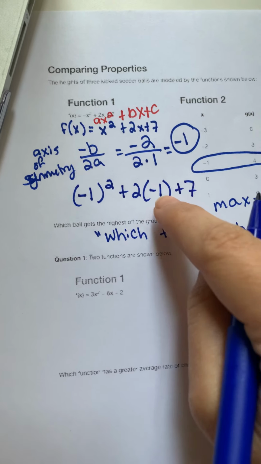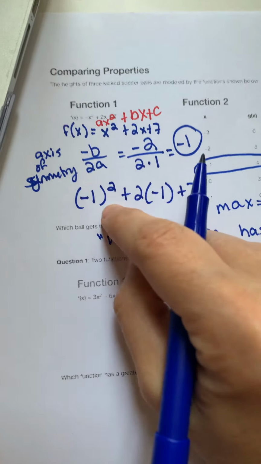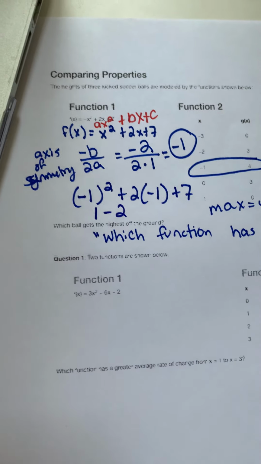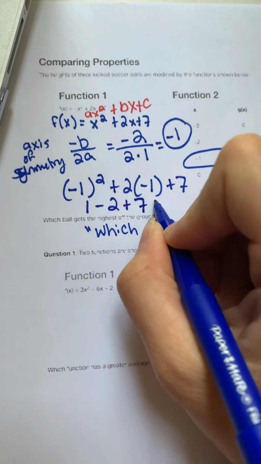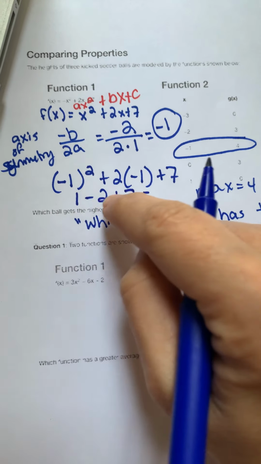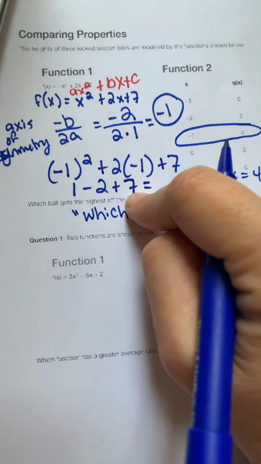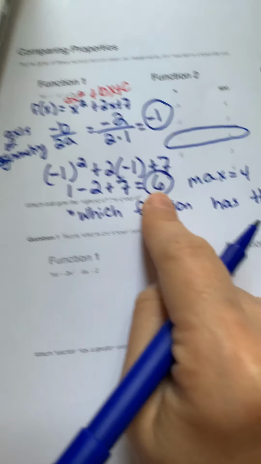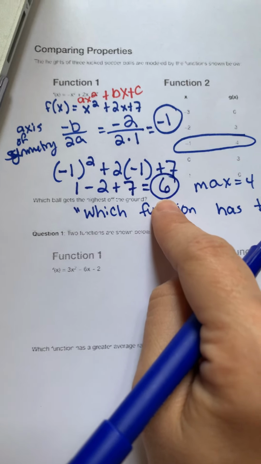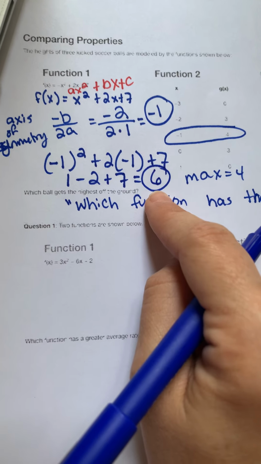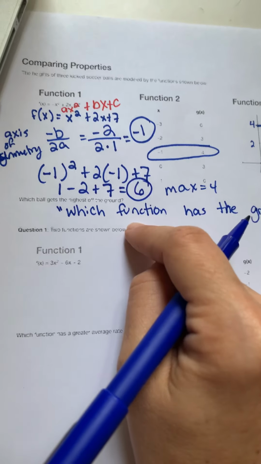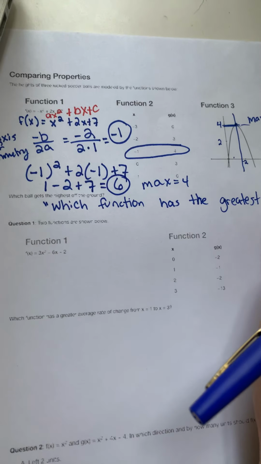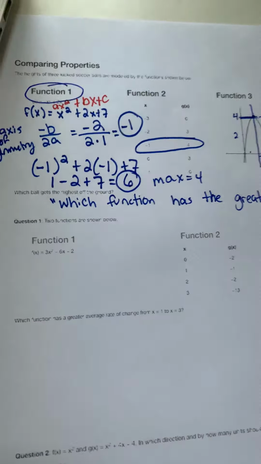Exact same equation, just now there's negative ones here. -1 squared is 1. 2 times -1 is -2, plus 7. 1 and -2 and 7 makes 6. So function 1 has a y value of 6 at my vertex. So function 1 is the function that has the greatest maximum value. All right.